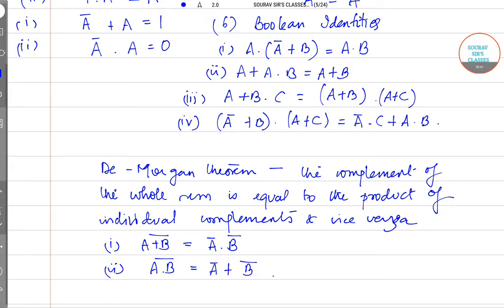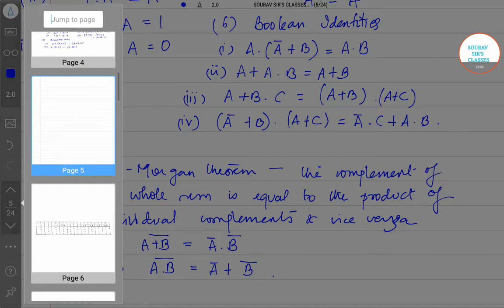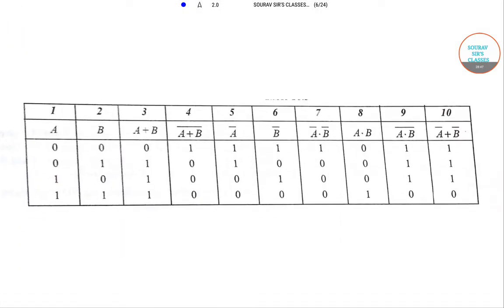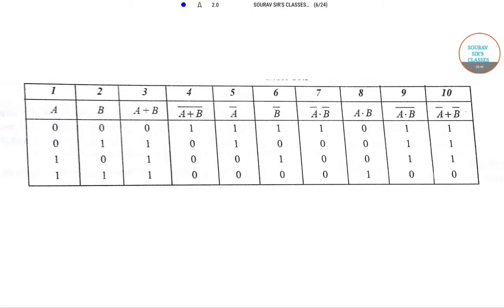Okay, now I'll show you one table. This particular table which you can see here is called the truth table, and you can use all the identities which I have just said and verify these tables.